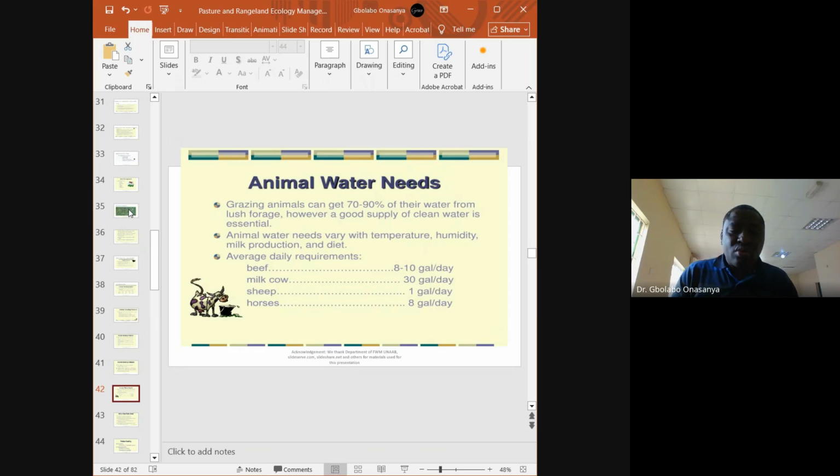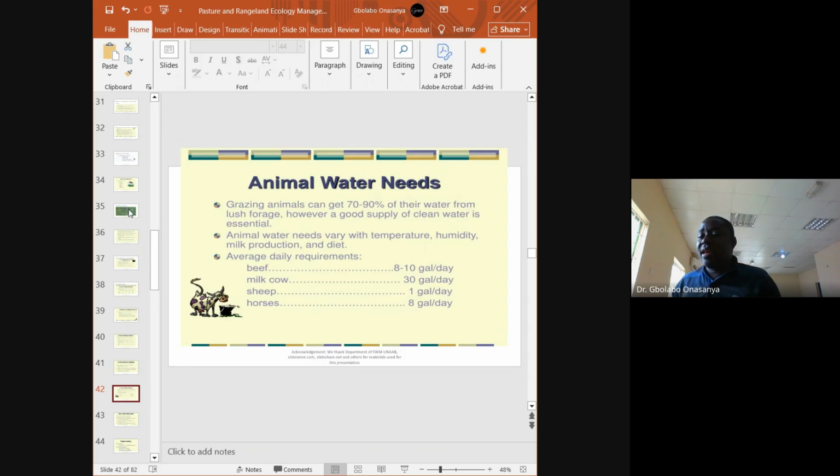Dairy cattle is for milk production, and you need more water, which takes part in milk production. That is the reason, because of the physiology and reproductive physiology of dairy cow, because they produce milk, so they need more water.